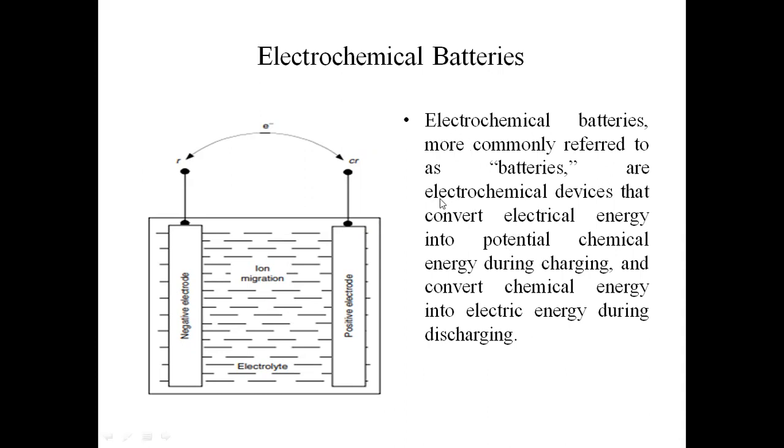The battery's definition: the battery is an electrochemical device that converts electrical energy into potential chemical energy during charging. In charging mode, it converts electrical energy to chemical energy. During the discharging mode, the battery converts chemical energy into electrical energy. This is the main point: a battery is an electrochemical device.